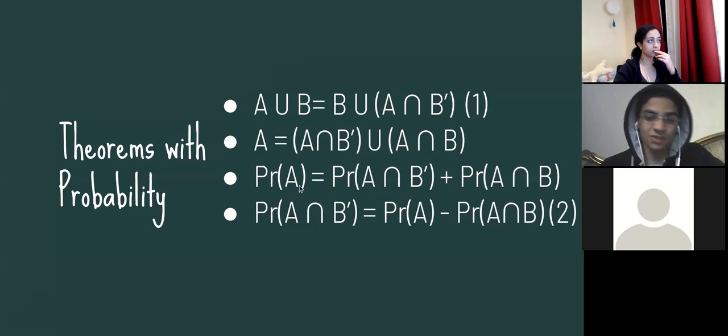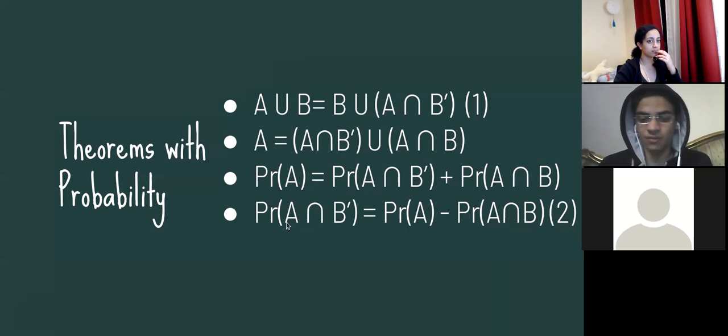So the probability of A equals the probability of A intersection B dash, which is just the first set here, plus the probability of A intersection B, just the second set here. That's because these two are disjoint. Now I can subtract the probability of A intersection B from both sides, or just transfer it to the left hand side and change the sign.